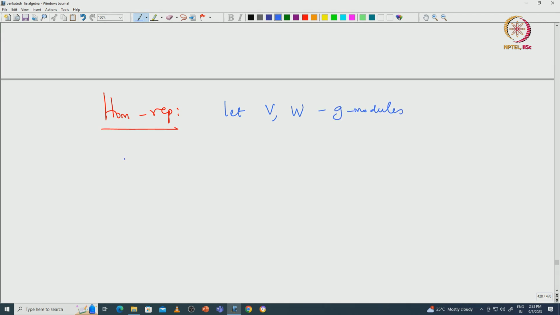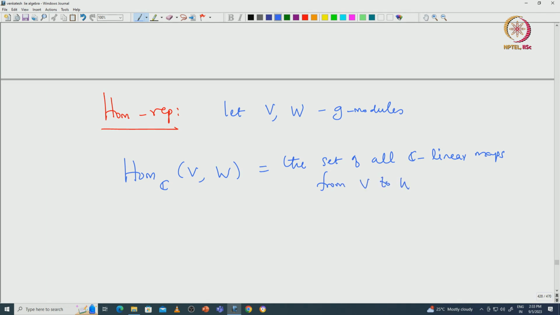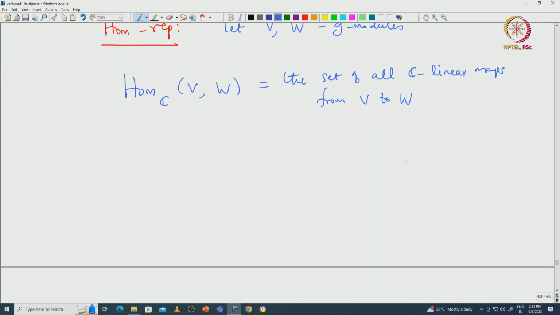Then we can consider the Hom space between them, the set of all C linear maps from V to W. Now this Hom space can be made into a G module by defining the rule: x dot f acting on v is x dot f of v minus f of x dot v.